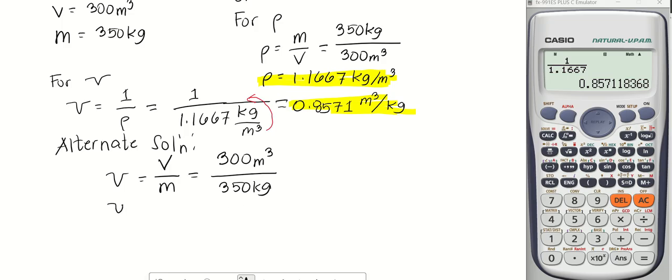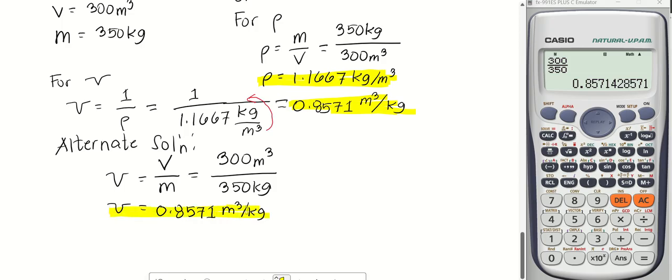So 300 divided by 350. The answer is the same as above, 0.8571 cubic meter per kilogram. So you can use whichever you would like to use. This will still yield the same answer.